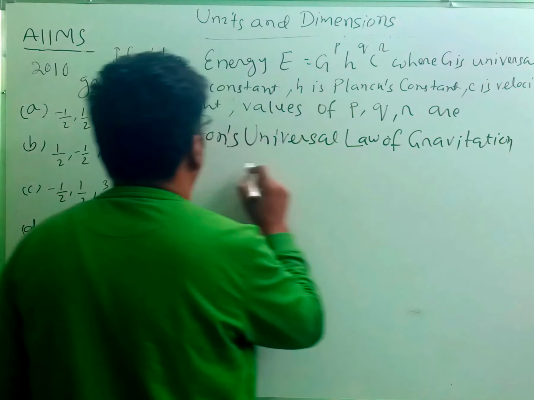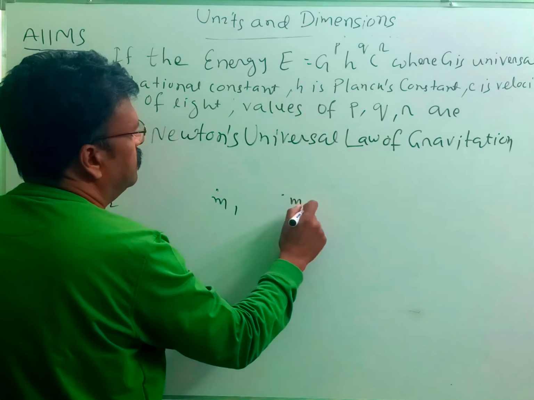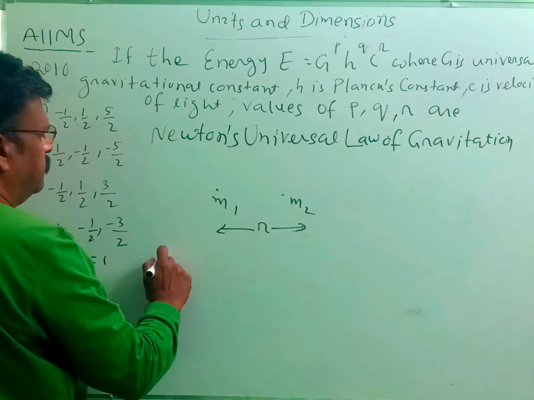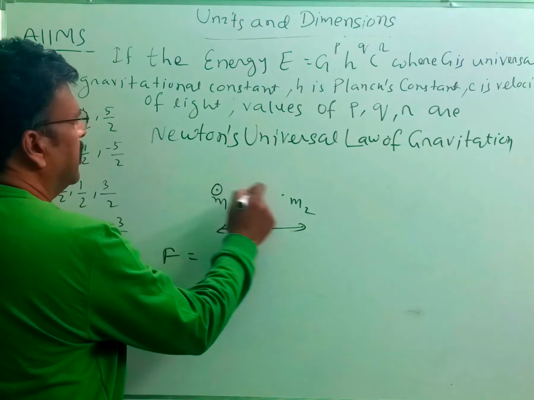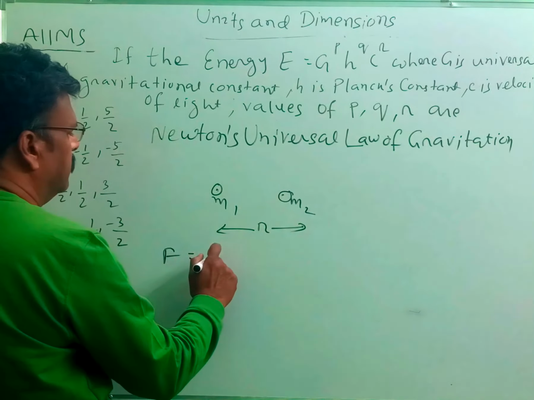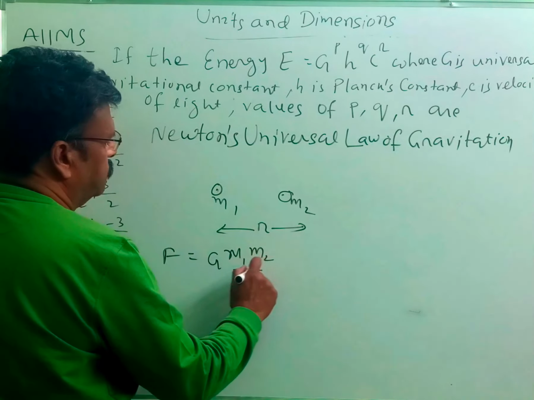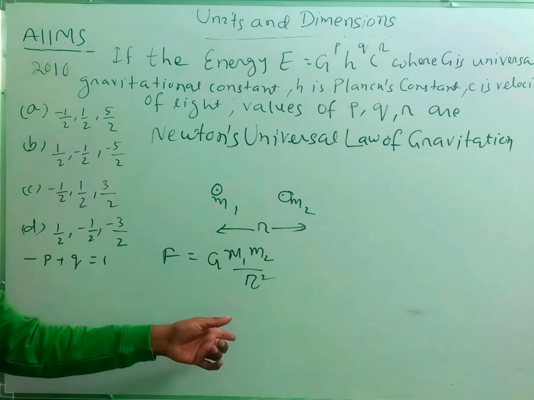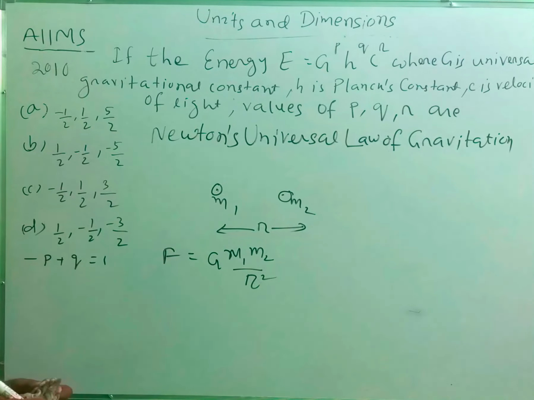This law states that if there are two masses m1 and m2 placed at a distance r from each other, then the gravitational force of attraction between these two bodies will be equal to G m1 m2 by r square. That is directly proportional to the product of their masses and inversely proportional to the square of the distance between them. And G is the proportionality constant called Newton's universal gravitational constant.